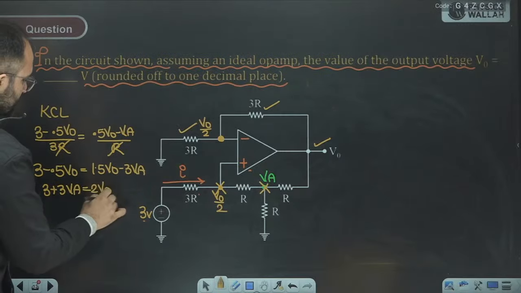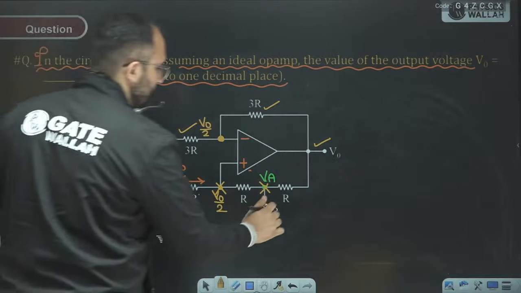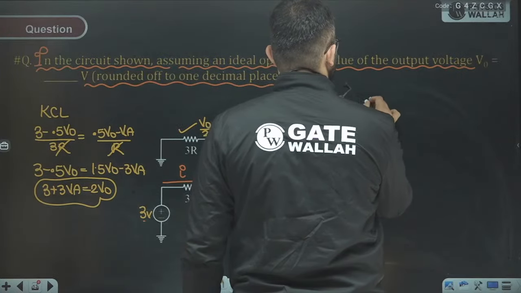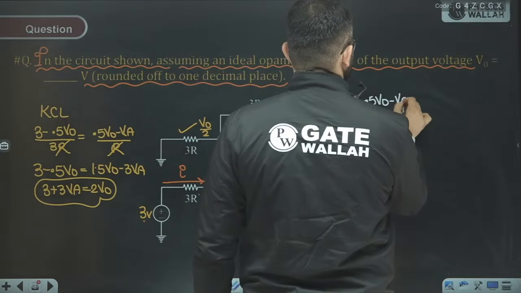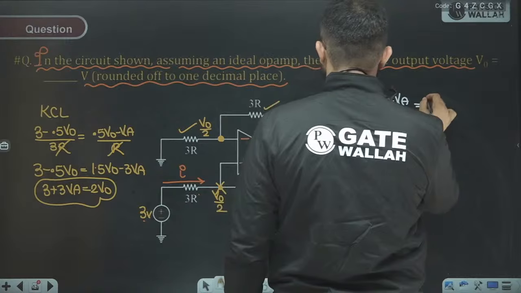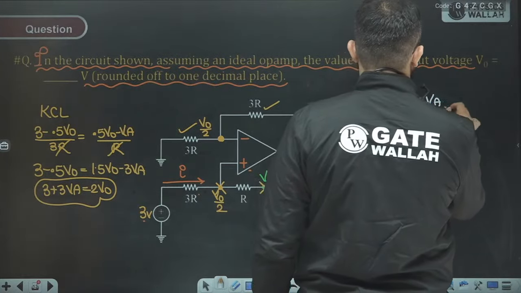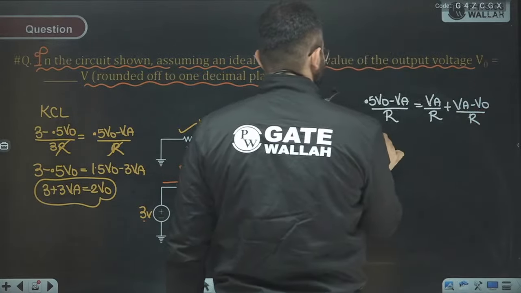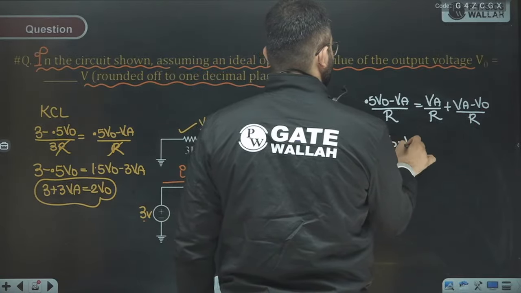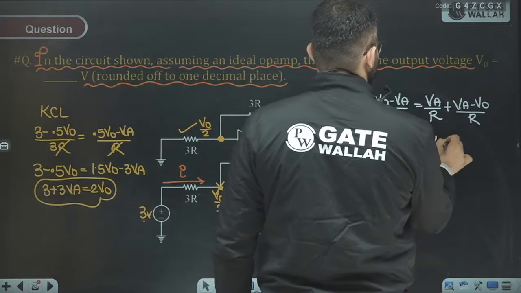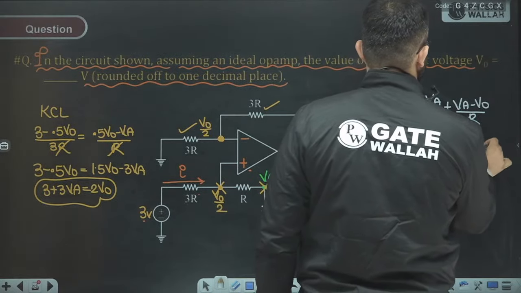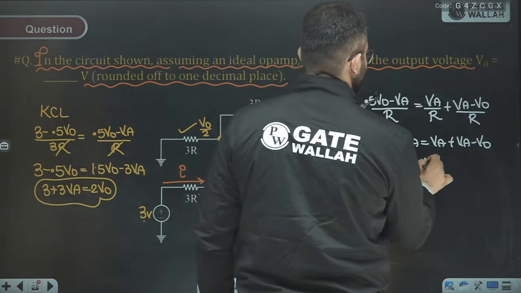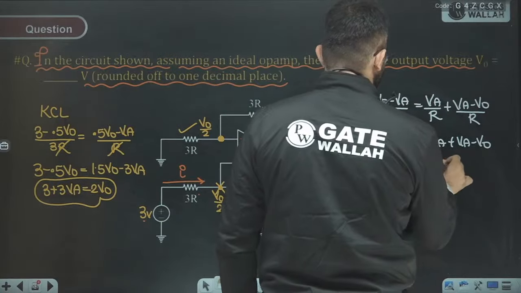We have this equation. Now we'll apply KCL at this node also, the middle node. The incoming current is 0.5 VO minus VA divided by R, equal to the outgoing current. R will cancel, so 0.5 VO is equal to 3 VA minus VO.